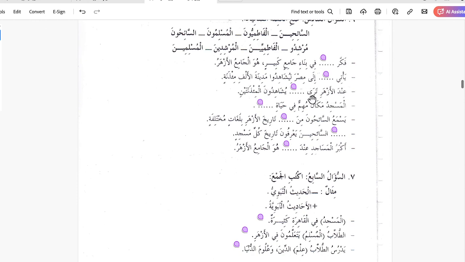In Dal Azhari Tara, near Azhar Tara you see. So this is the fail, and now this is the maf'ul, so we have to use the maf'ul form. So that is why we are using saihina here, because this is the maf'ul bihi, has to be mansoob.